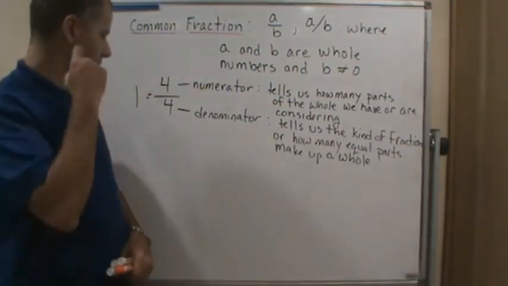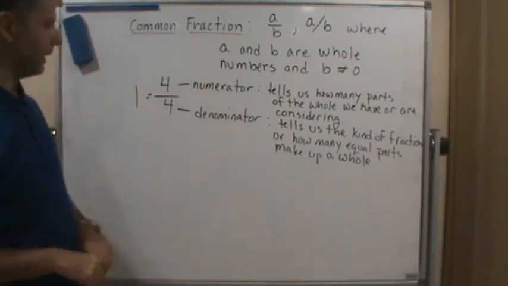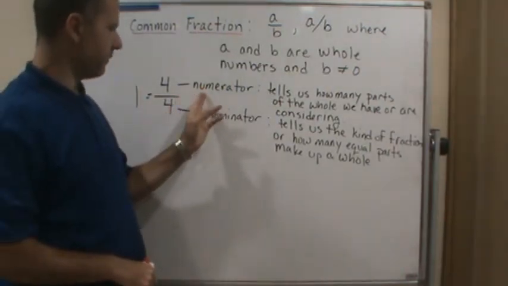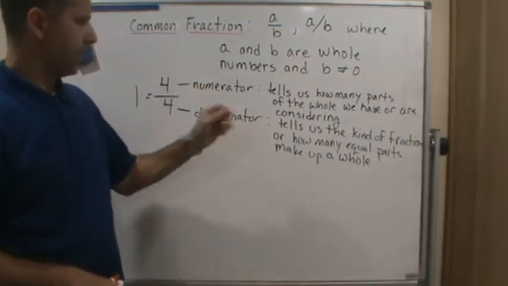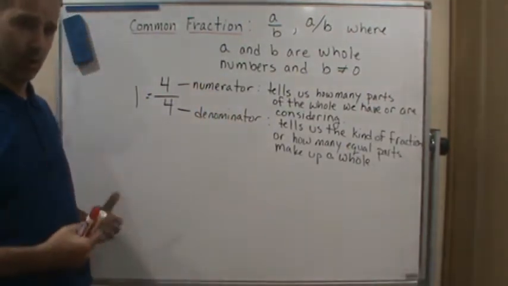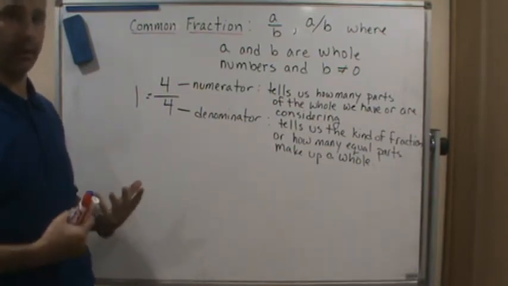In order to understand what I'm writing here, let's define the top number, which is called the numerator. This tells us how many parts out of the whole that we have or are considering.